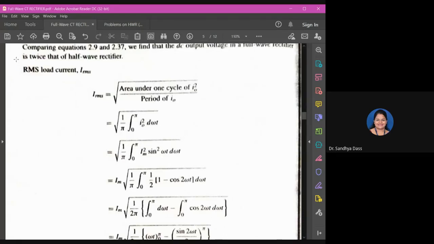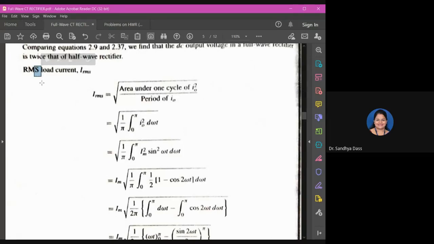Next, we'll move on to deriving the expression for RMS load current, IRMS. RMS, how do we calculate that? When we have a parameter which is varying continuously with respect to time, first we will take the square of the term.